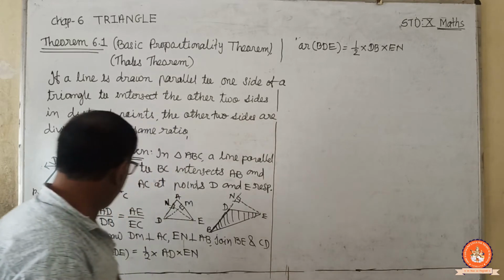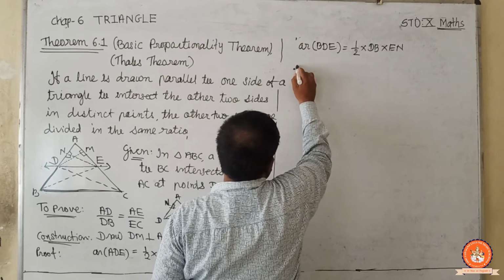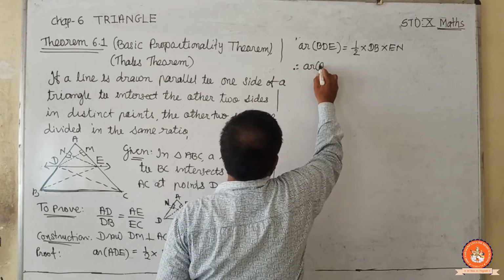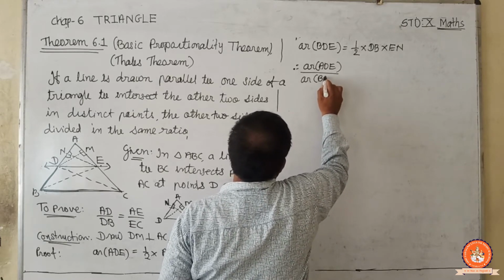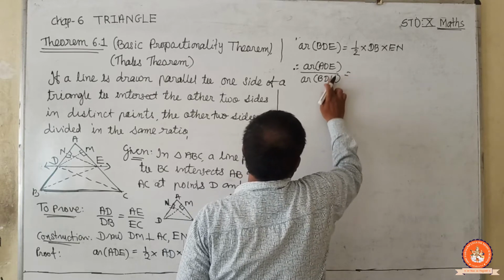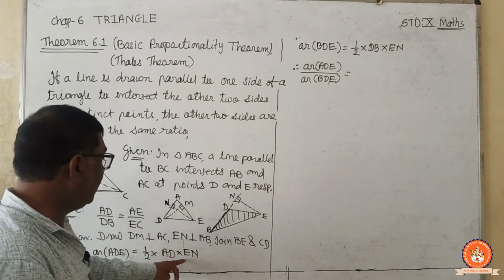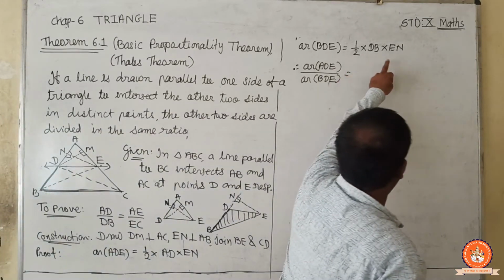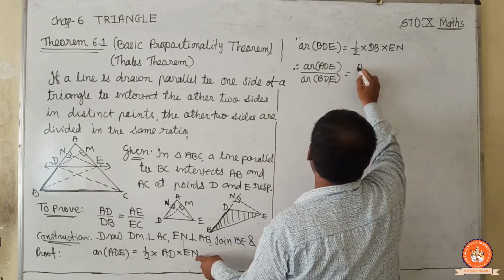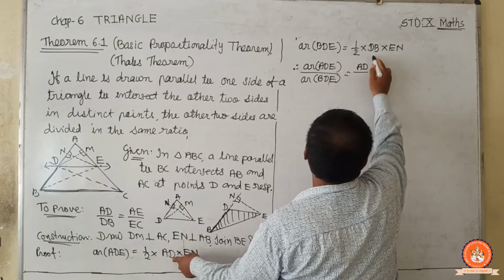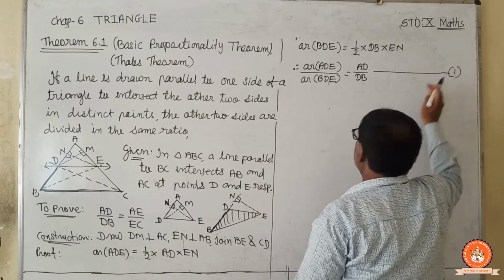Now if we take the ratios of both these results, therefore area of ADE upon area of BDE is equal to half into AD into EN divided by half into DB into EN. Look at it, half gets cut, EN gets cut, so it's AD upon DB. This is result number 1.